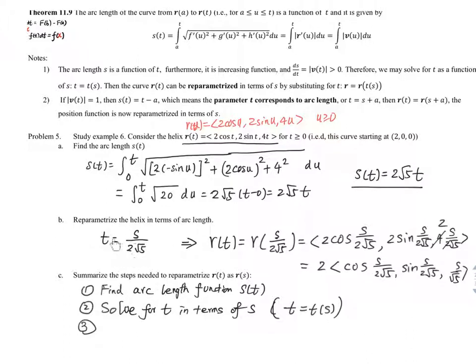Then you plug the t of s into your original function r of t to get a function that is parameterized in terms of s, to get r of s. So this pretty much is the whole process to reparameterize a function in terms of arc length.